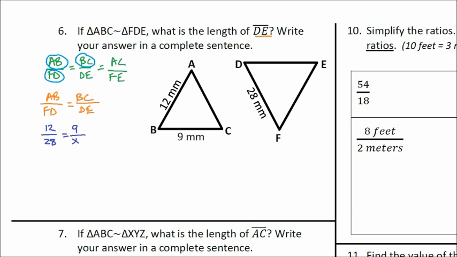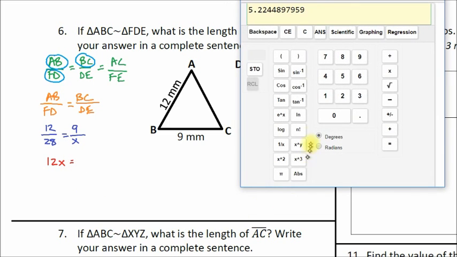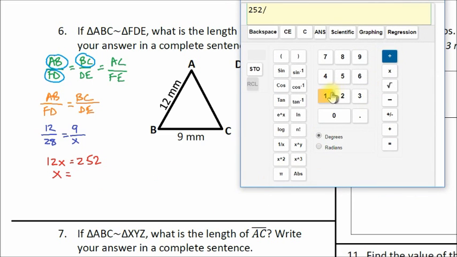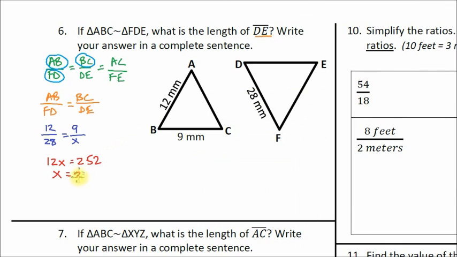Alright, let's cross multiply. We've got 12 times x, so 12x is equal to 28 times 9. 28 times 9 equals 252. And now we'll divide both sides by 12 to get the x by itself. And 252 divided by 12 equals exactly 21.